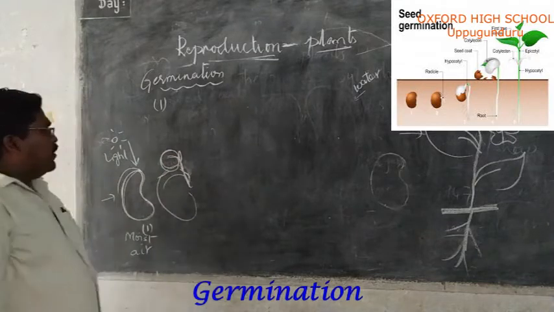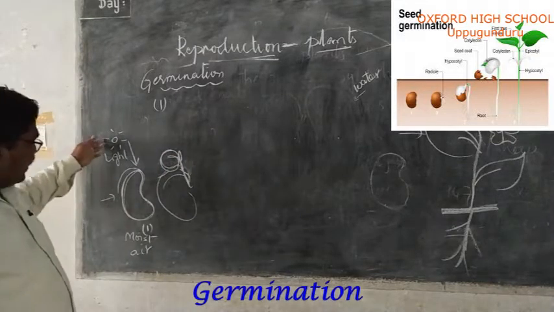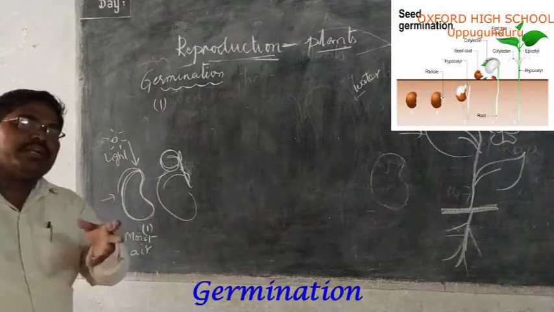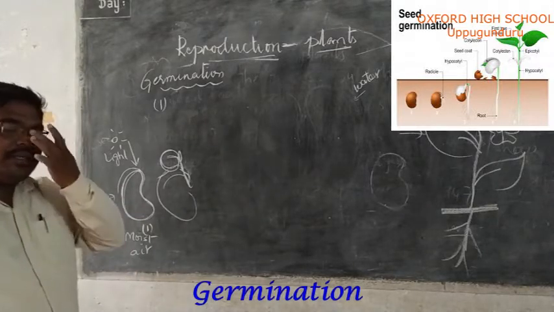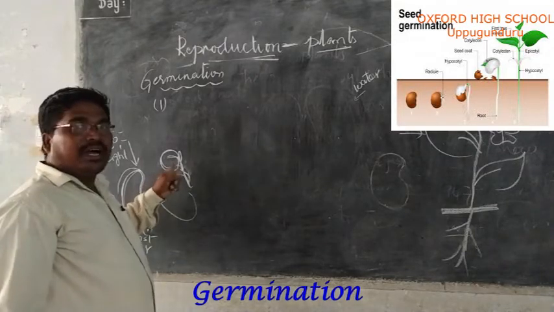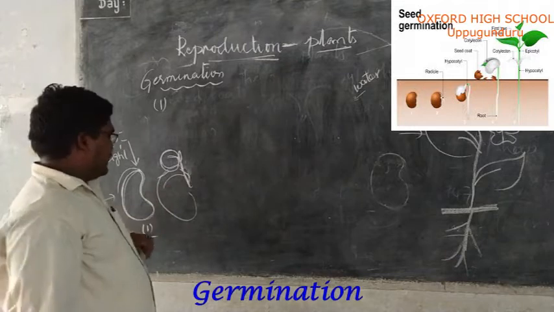Listen carefully. When the seed gets proper amount of light, moisture and air, the seed becomes soft and spongy in nature. The seed coat bursts and develops the embryo into a new plant.